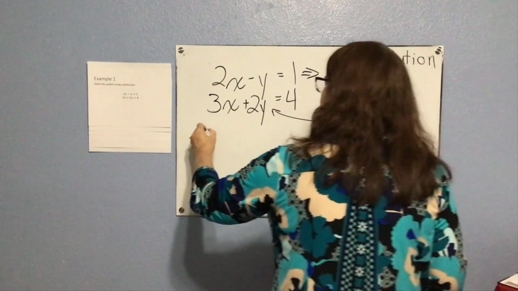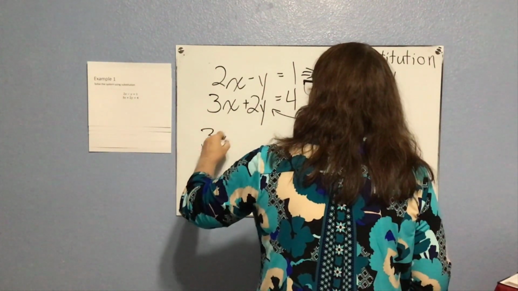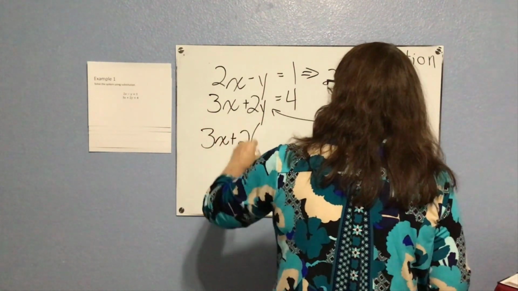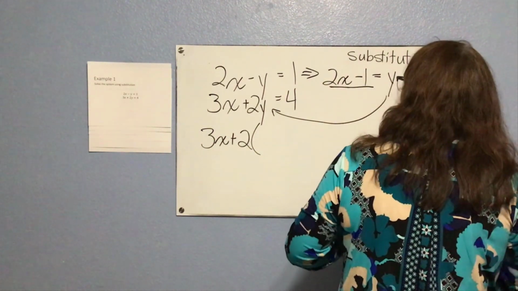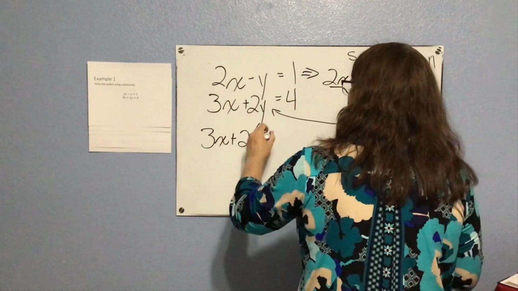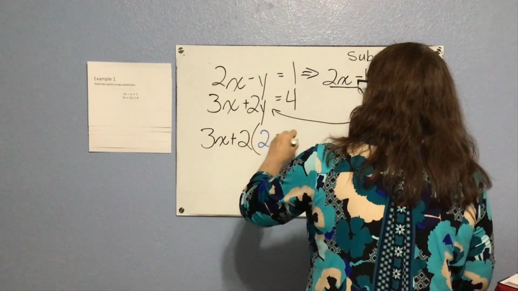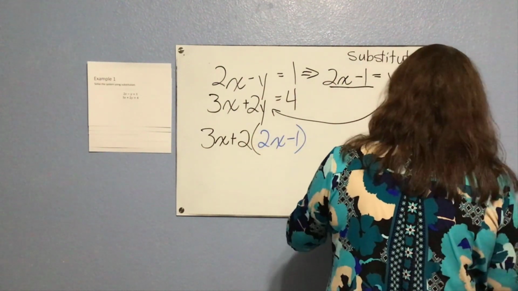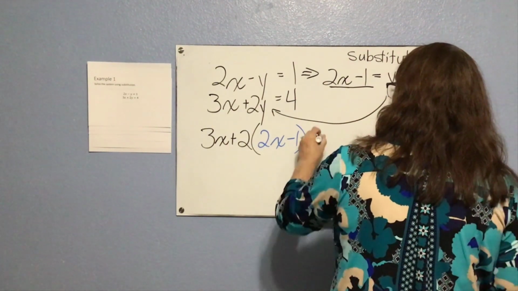So I'll have 3x plus 2 times, I'm going to use my expression for y, 2x minus 1, and then equals 4.